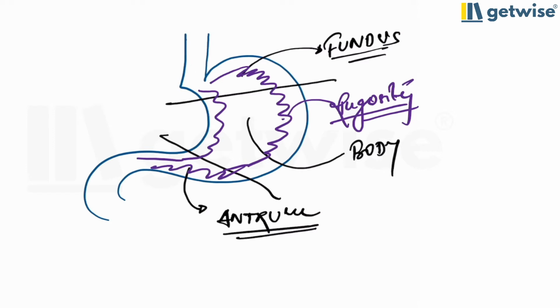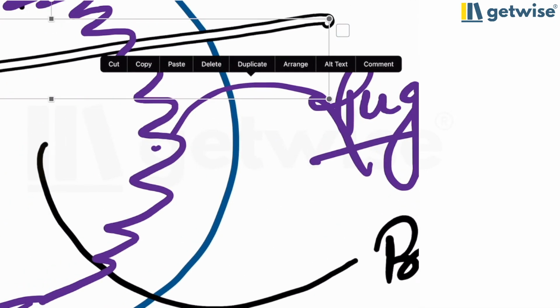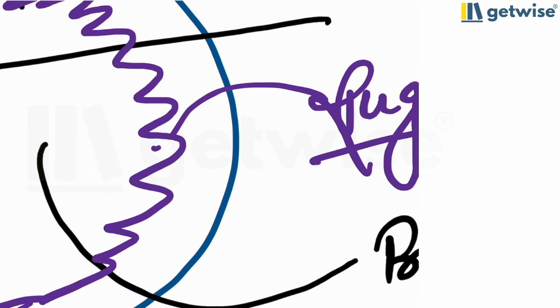In the mucosa, we have gastric glands that secrete the HCl. When we look in detail, gastric glands will look like this on the mucosal lining.